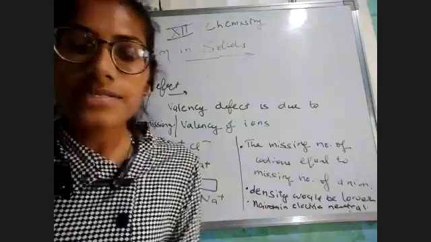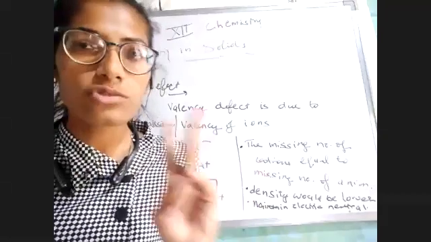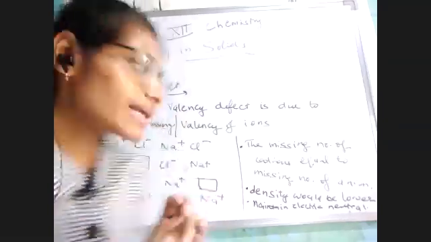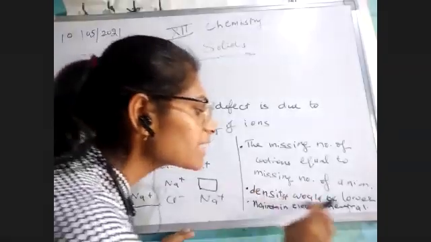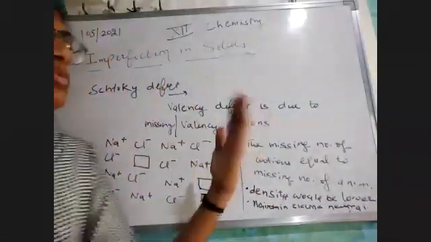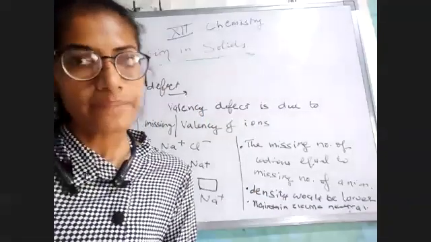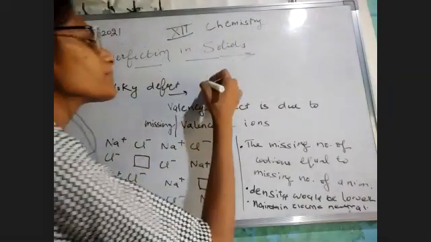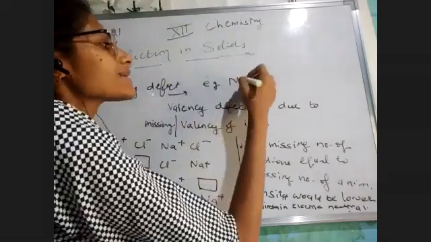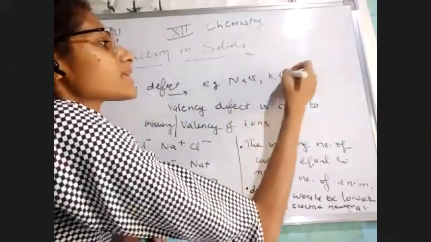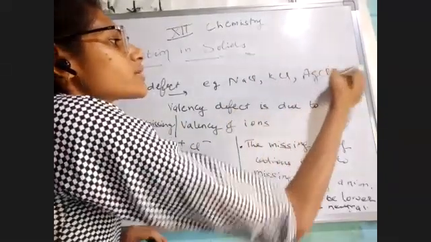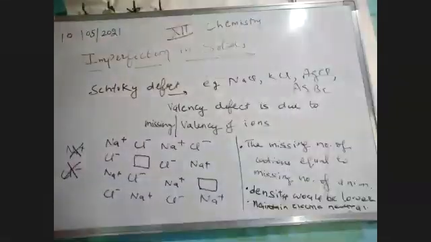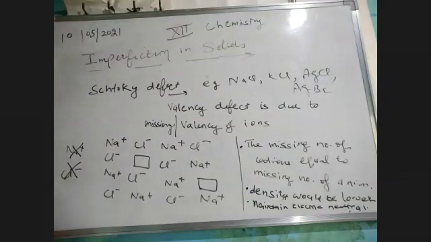And besides this, it has lost those two ions, so that means mass would be decreased and definitely the density would be lowered. Density would be decreased. Okay? This was all about our Schottky defect. And the examples over here are NaCl, KCl, silver chloride, silver bromide. These all are the examples which show the Schottky defect.